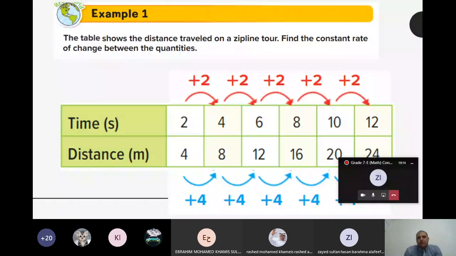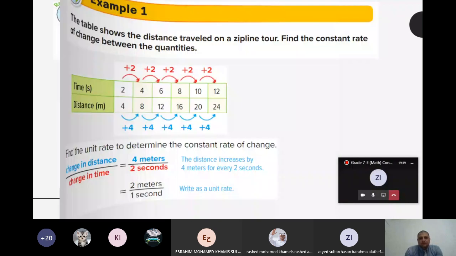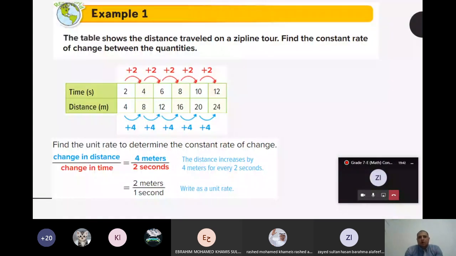Sorry, I think the independent variable is the time and the dependent variable is the distance, because the distance depends on the time. So the distance increases by 4 and the time increases by 2. To find the rate of change, we divide the difference in the dependent variable by the difference in the independent variable, or the change in distance over the change in time.